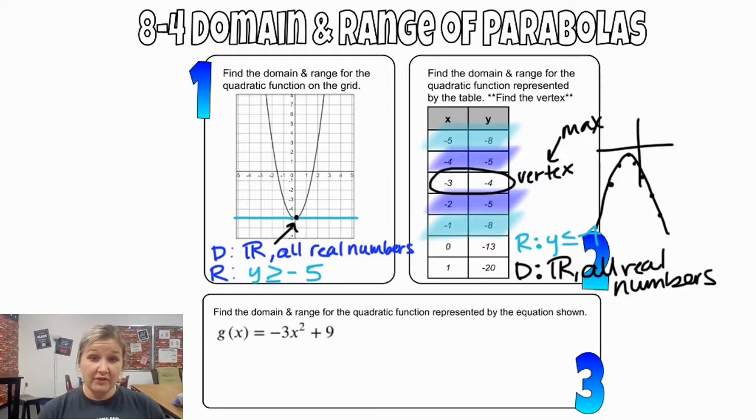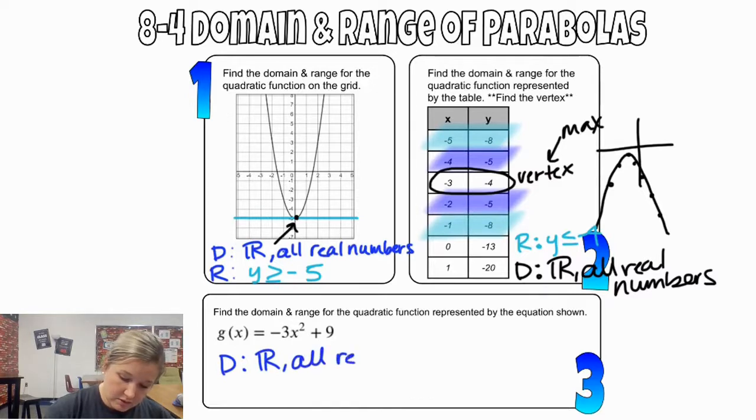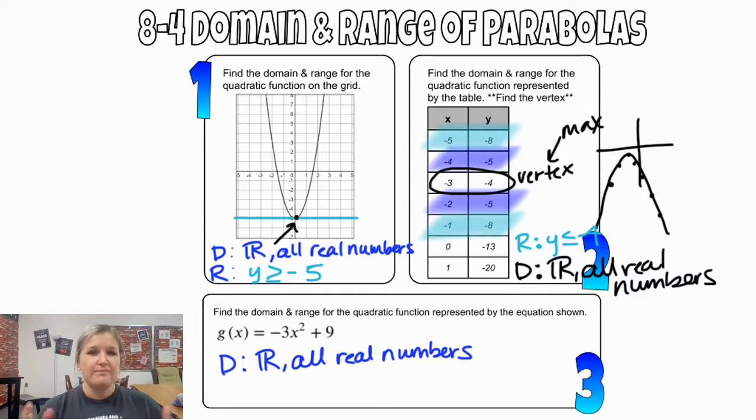So after I graph this, you can see that, again, because it's a quadratic function, my domain is going to be all real numbers. That excludes all imaginary numbers. I know that seems silly, but that's really what they want to make sure you know, that it's not going to include imaginary numbers, which you'll get into later on in Algebra 2.